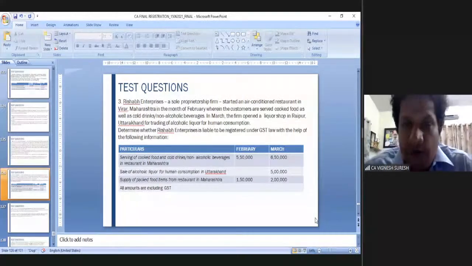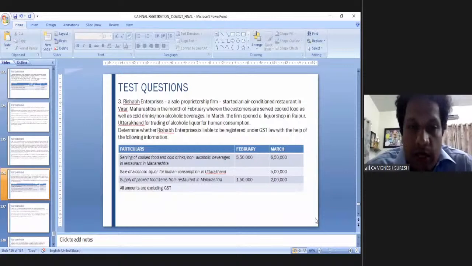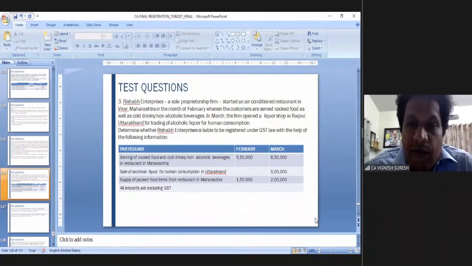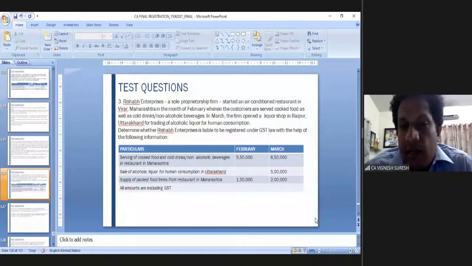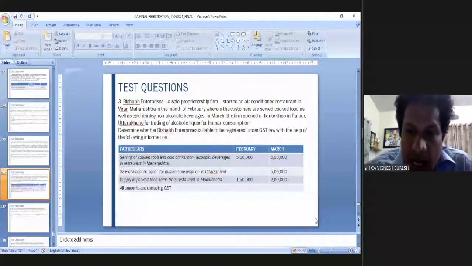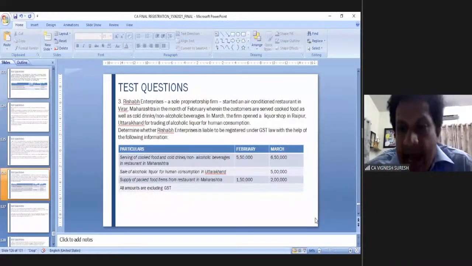In the month of February, 5.5 lakhs for the restaurant services, and packed food items is 1.5 lakhs. So it is only 7 lakhs in the month of February. But in the month of March, we need to add the total. So 7 lakhs in February plus 6,50,000 plus 5 lakhs. So it comes to 20,50,000.